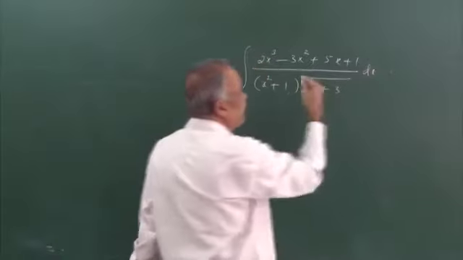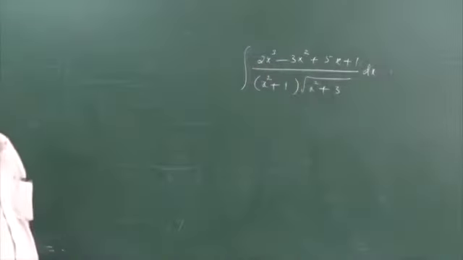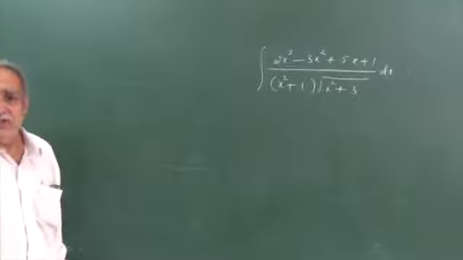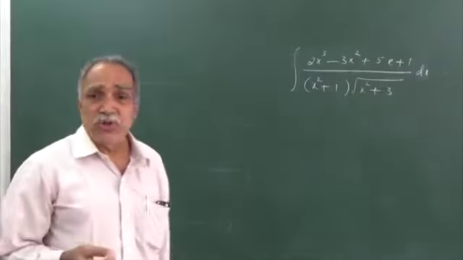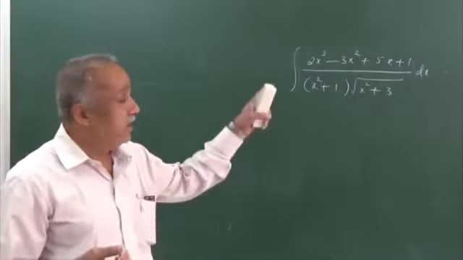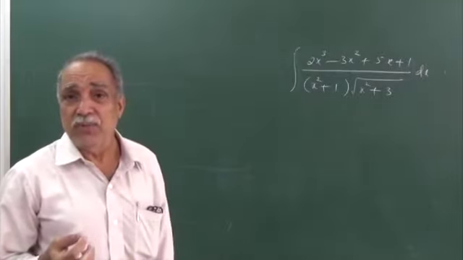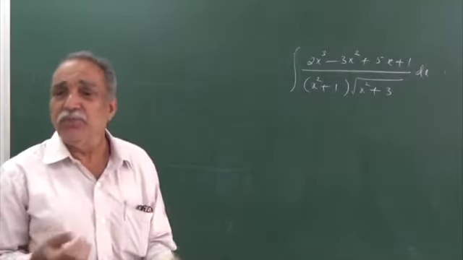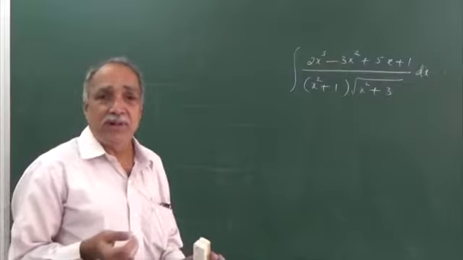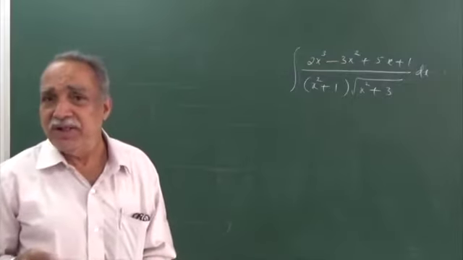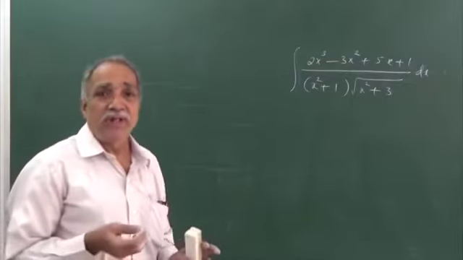Okay, let me consider this. I don't think there is any proper substitution with the help of which I can directly bring this to a standard form, or to a form which is immediately integrable. Some manipulation will be needed before applying any of the techniques.